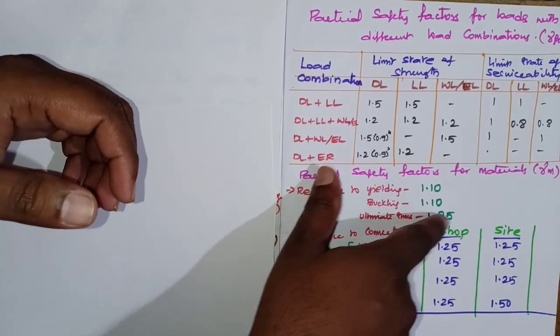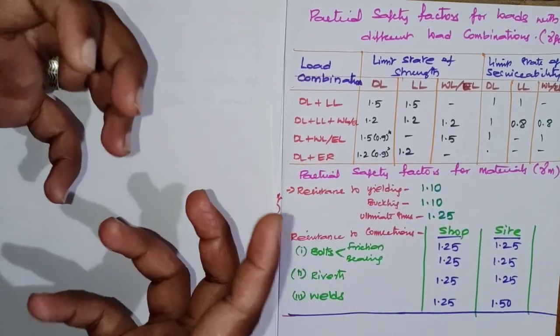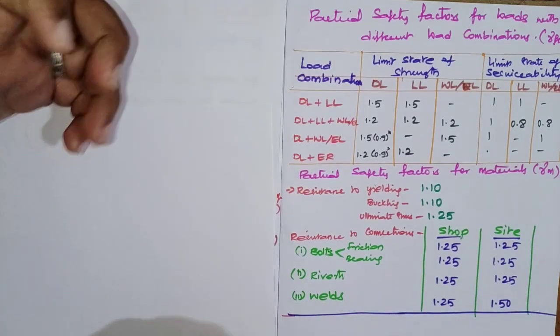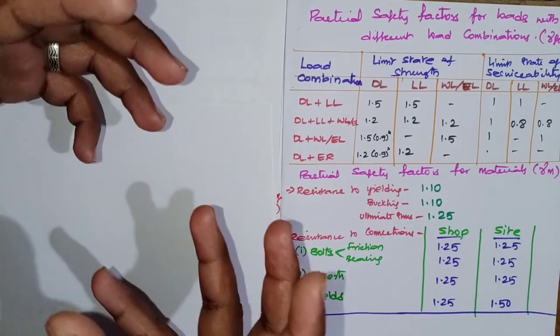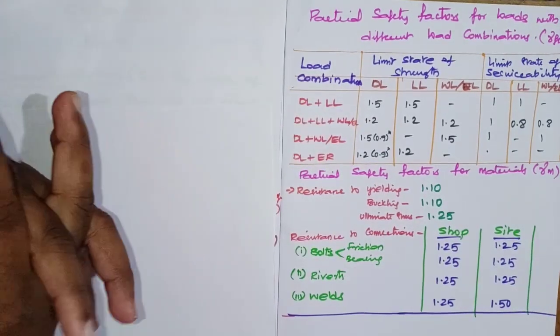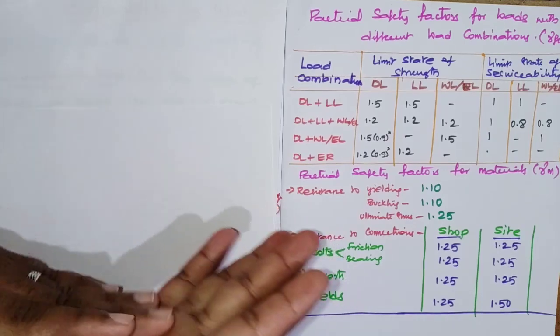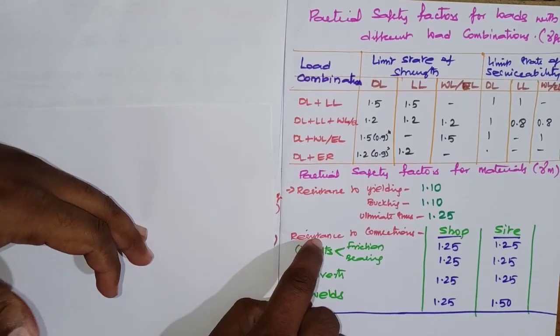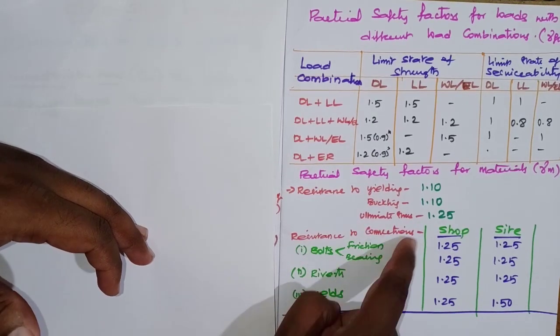So here those values will be taken. Yielding means what? Elongation of a member in its longitudinal direction. Failure of a member in its longitudinal direction is nothing but yielding. Coming to the buckling, next ultimate stresses, and these are the resistance towards the connection.